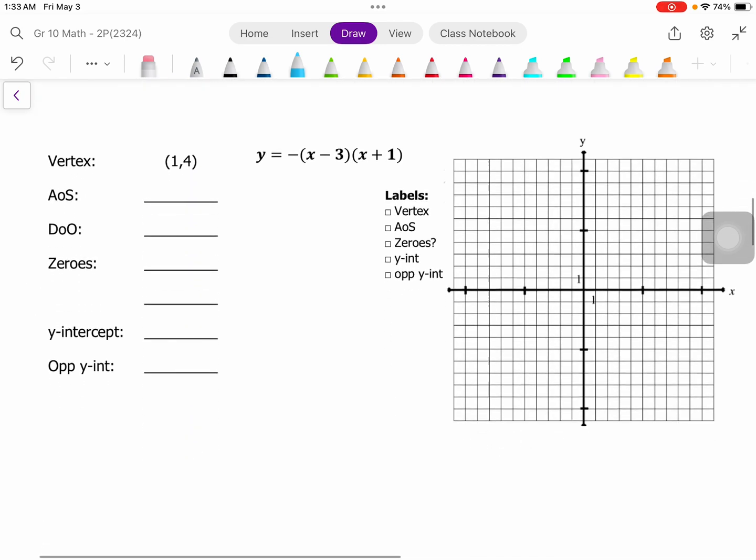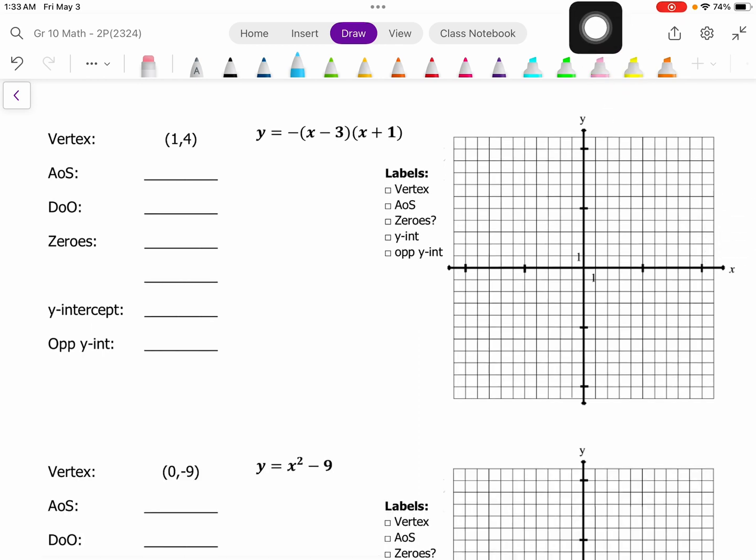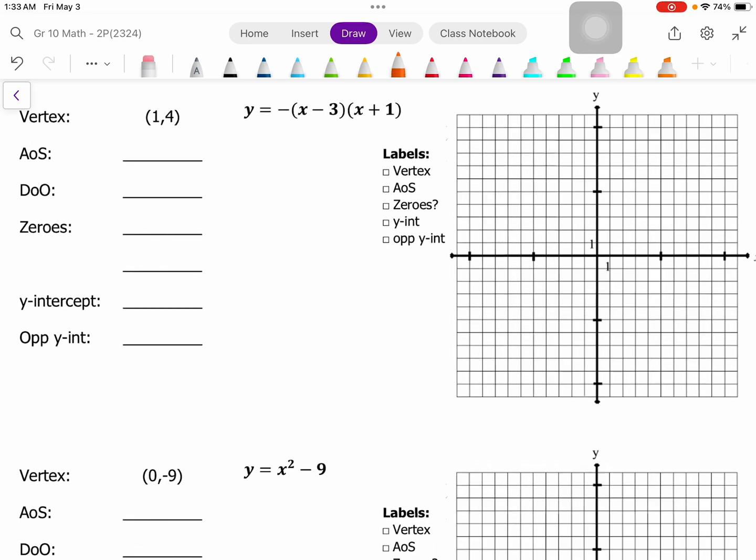So let's take a look at an example where we start in factored form and then need to move to standard form. So I'm given my vertex again. I have 1, 4 is where the vertex is. I have an a value of -1. Negative means that we open down. So my direction of opening is down.